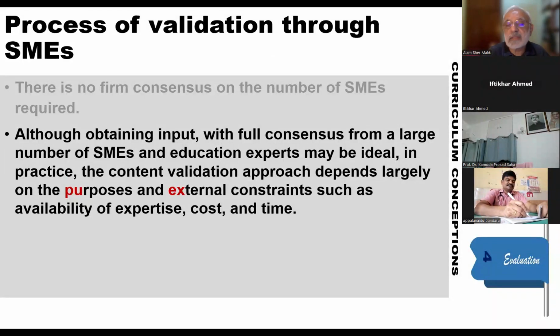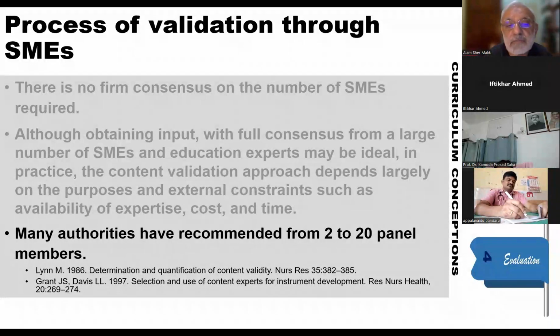We have to look at the purpose of this validation as well as the constraints: the availability of subject matter experts, how much cost would be involved, and how much time would be involved. In the literature, different authorities have given different numbers, ranging from 2 to 20 members in a panel for validation of that content.